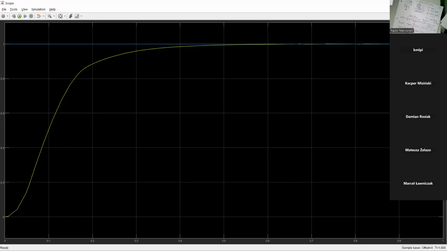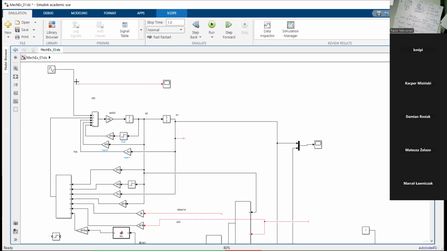I mean, let me show you what is going on inside. This is the bumps.